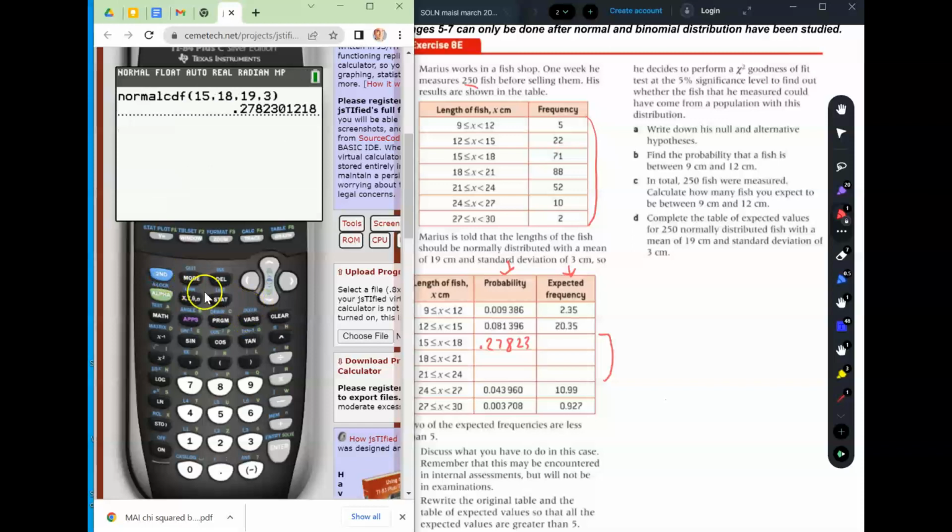Second distribution, norm CDF, not PDF. Now I'm going to put the interval 18 to 21 because that's the next one, and I keep mu and standard deviation the same. And it's going to be 0.378.